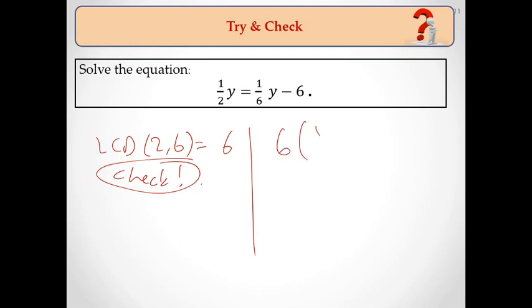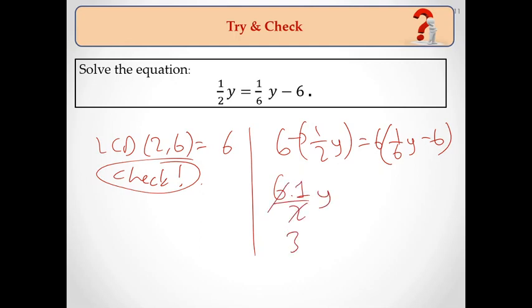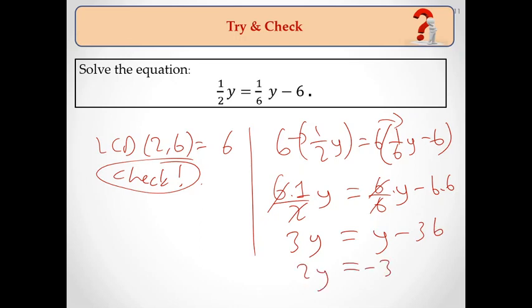Now you multiply both sides by 6. 6 times 1 over 2y gives you 3y, and 6 times 1 over 6y gives you y, and 6 times 6 is 36. We end up with 3y equal to negative 36, and y is equal to negative 18.